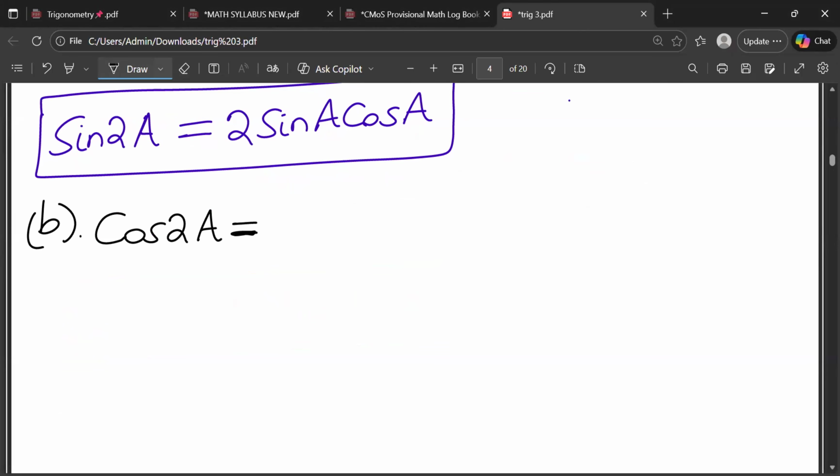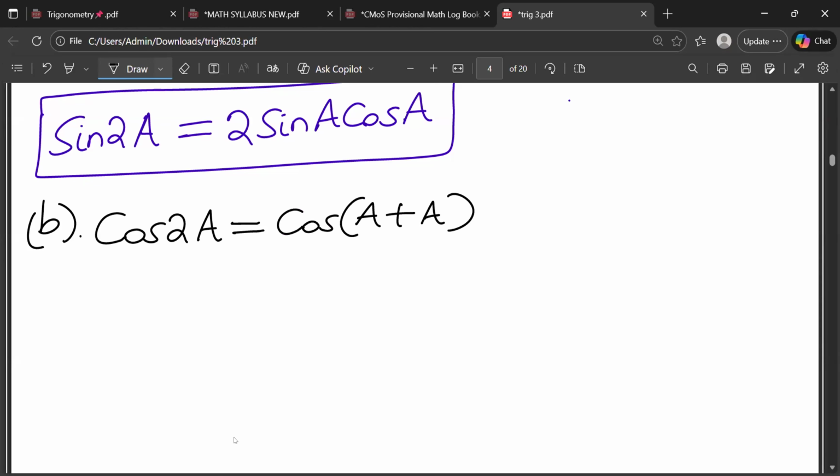And you should be very careful with trigonometry. It is that one branch that can be used to generate very good scenarios, because it is good at solving problems. So cos 2A will be cos, then instead of 2A, we shall have A and A. Now, after having A and A, you go back to the compound formulas and ask yourself, how do I deal with cos of the angles being added?